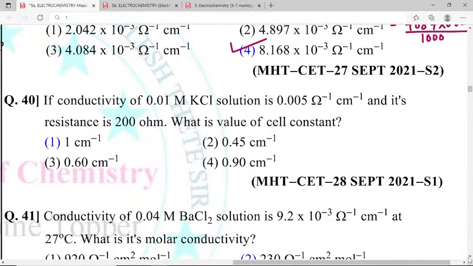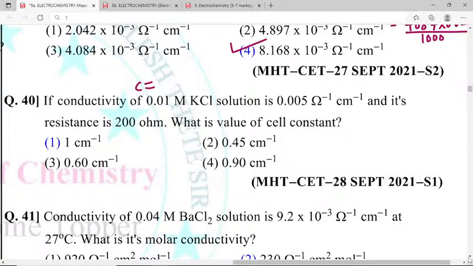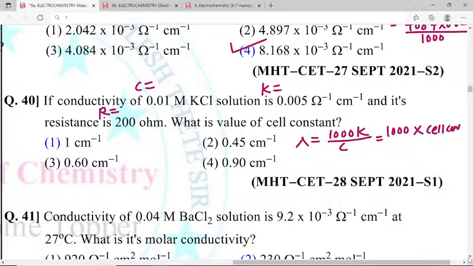If the concentration is given, conductivity is also given, resistance is also given, and the cell constant, then molar conductivity is equal to 1000 K by C. But conductivity is equal to 1000 multiplied by cell constant divided by C multiplied by resistance.